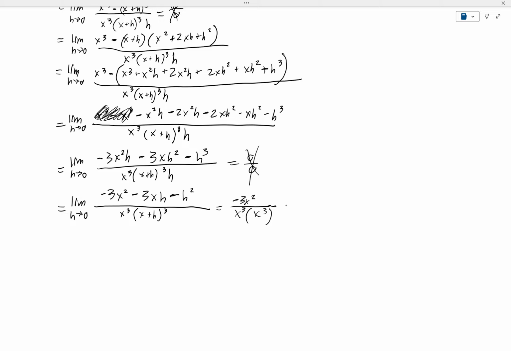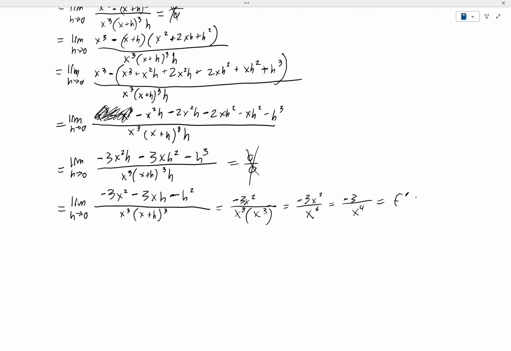You can see that in the denominator, these exponents end up getting added. So that becomes x to the 6th power. And we also use the exponent rules right here to show that these two exponents get subtracted. So you end up with negative 3 over x to the 4th. And that's as simplified as it gets.